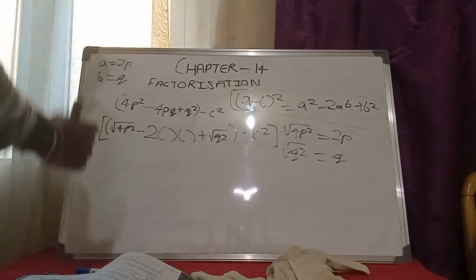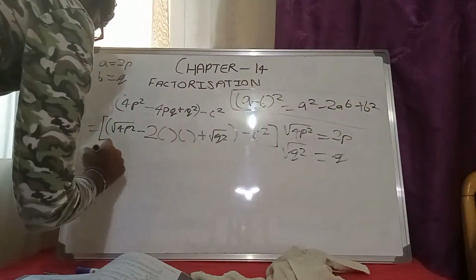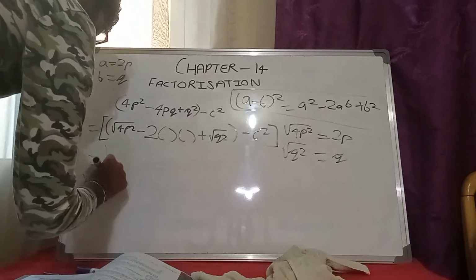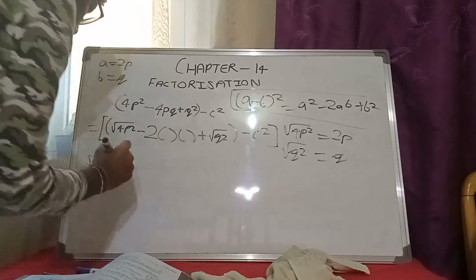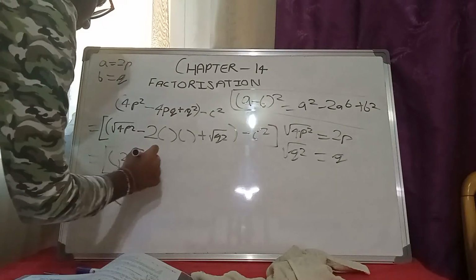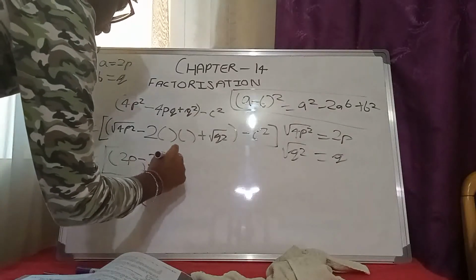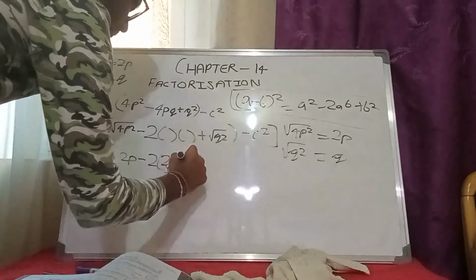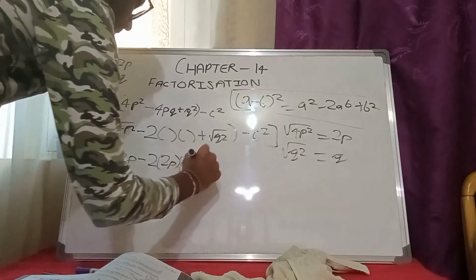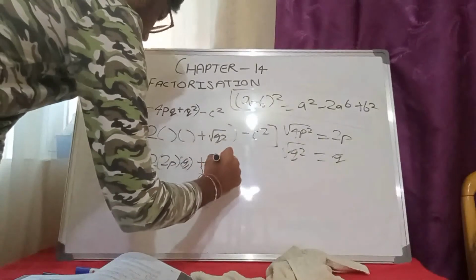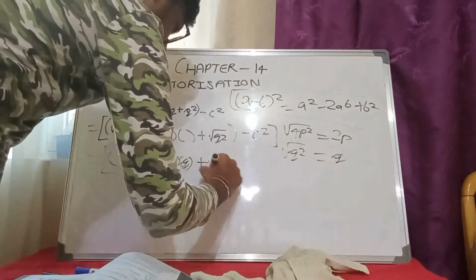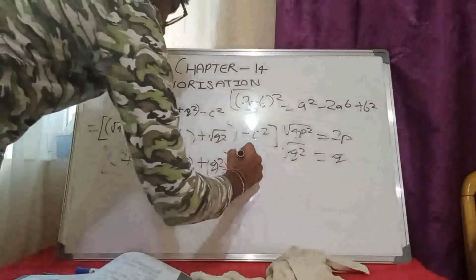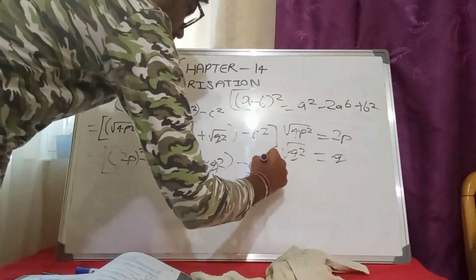So now we can solve it. It will be equal to, 4p square will be 2p, minus 2 into 2p into q, plus q square, the 2p the whole square, and this will be q the whole square, minus c square.